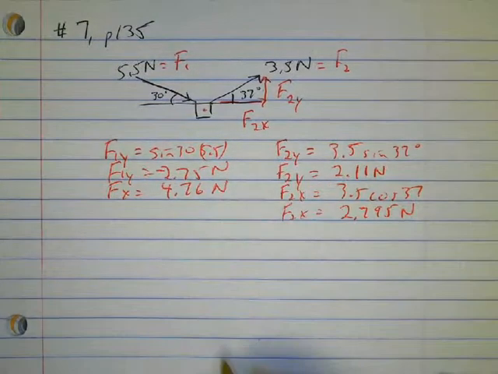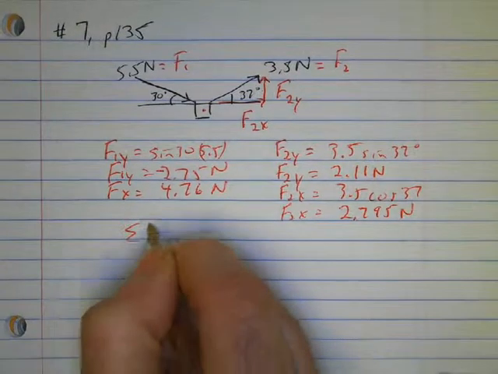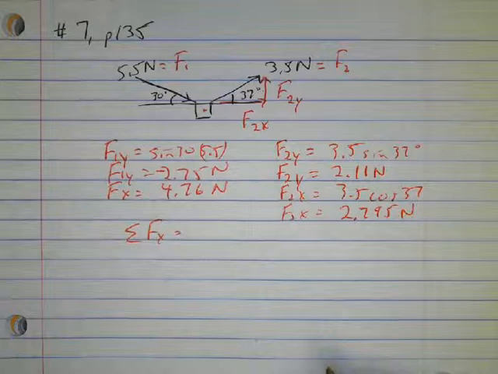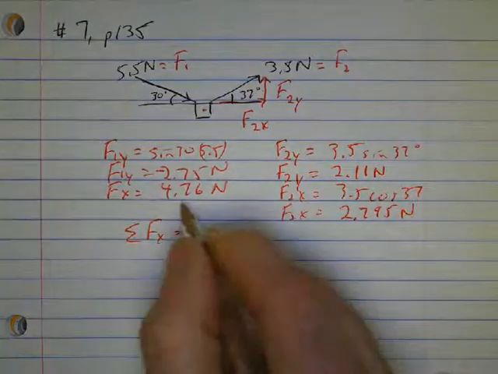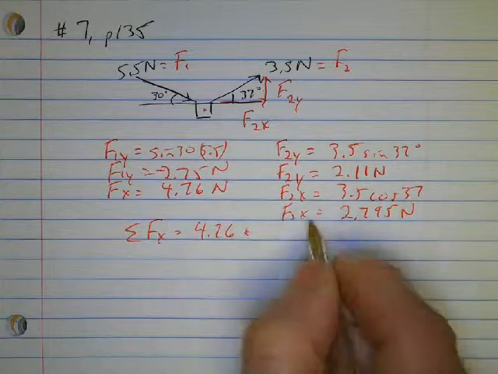Alright, so all you have to do now to figure out this problem is to sum all the forces in the x. And so the sum of the forces in the x is equal to this vector, 0.76, plus this vector.